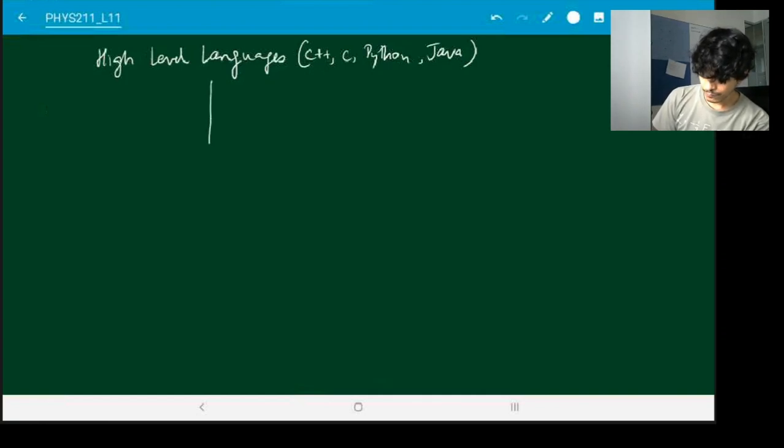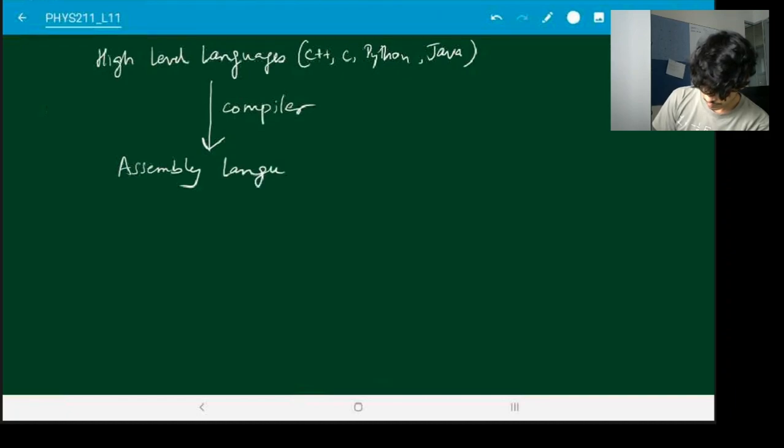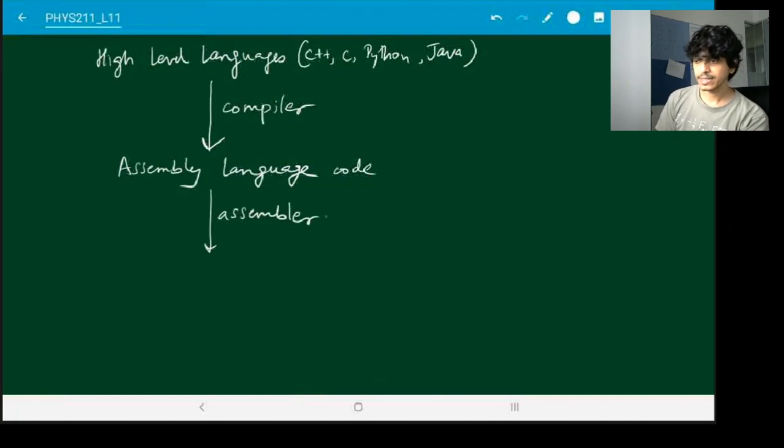And then you have to run this through a compiler. The compiler converts your high-level language, whatever commands that you've written in C, C++, Python, into what is called assembly language. And then this assembly language code has to be passed through an assembler, and this gets converted into what is called machine level code.